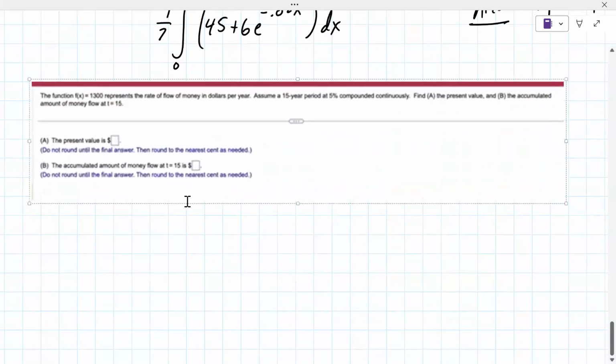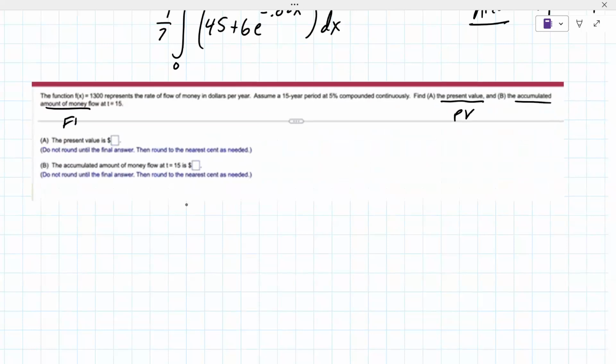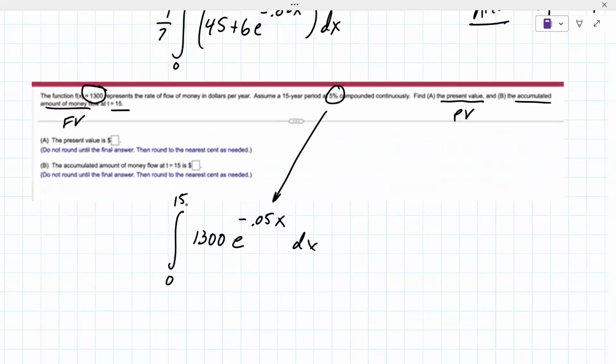All right, so in these problems, you're looking for the words present value, PV, and accumulated value, which is called the future value of the money. There's a formula for this: you take the integral from however much time, so 0 to 15, of whatever the function is, 1300 e to the negative interest rate, 0.05x, dx. Let me quickly double check that I've given you the right information.